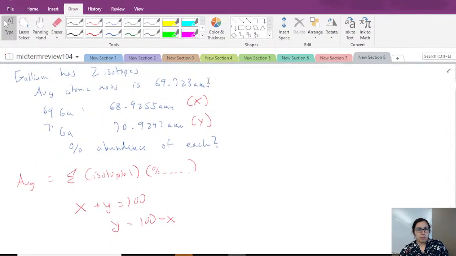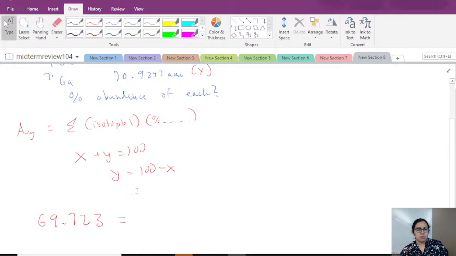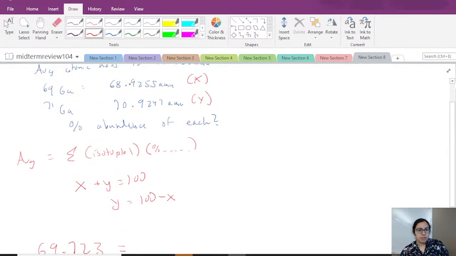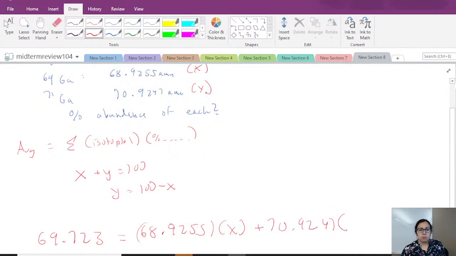If our average is 69.723, then 69.723 is equal to the mass of isotope 1, 68.9255 times X, plus our second isotope, 70.9247, which would be Y, but we substitute it in terms of X, so it's 100 minus X for that last one.